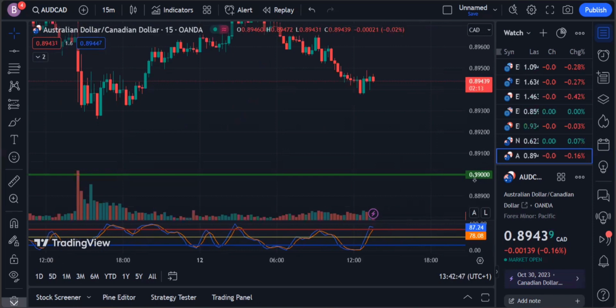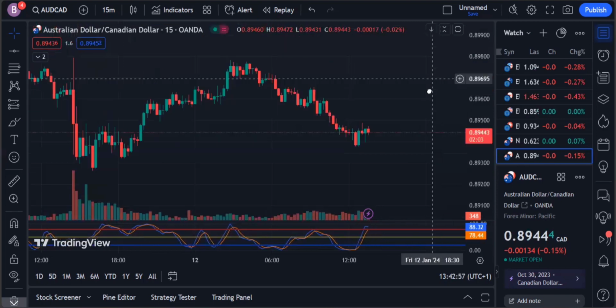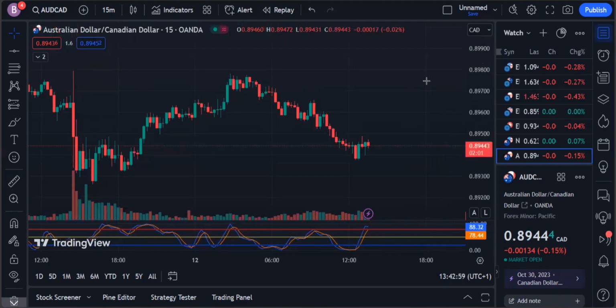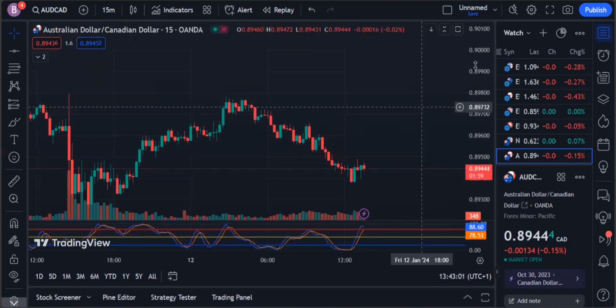So if you have 89,000, we're going towards 90,000, and that is an additional 1,000 pips to 89 that makes it 90,000. So we are going to locate the next 90,000. And look at it here. We have our 90,000 right here.